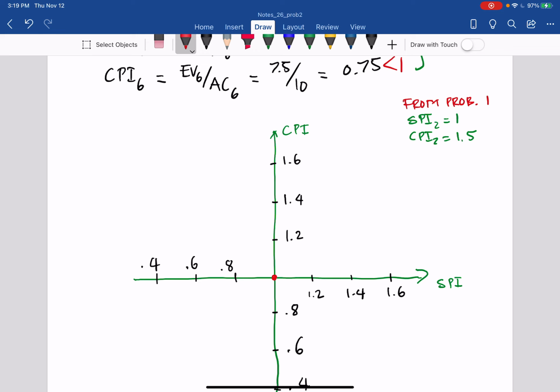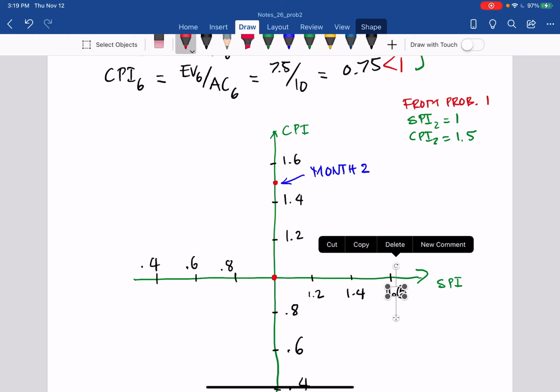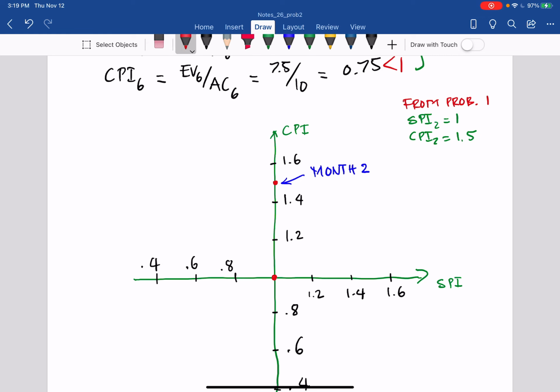And then after 2 months, SPI equals 1, so it is on the vertical axis, and CPI 1.5, so it goes to this point, month 2. The arrow goes from the origin to here, to month 2.